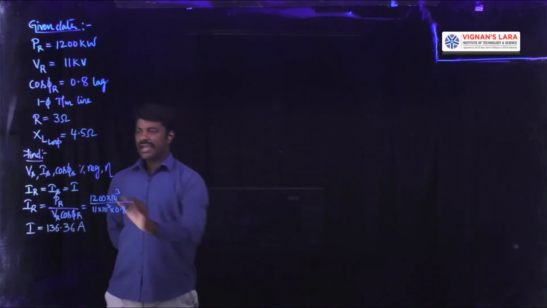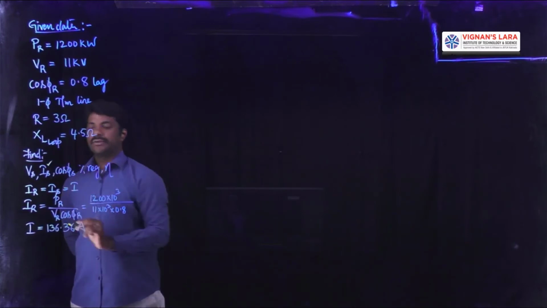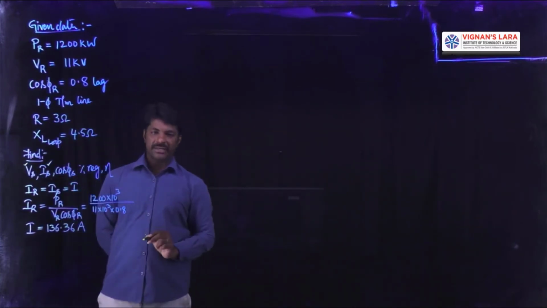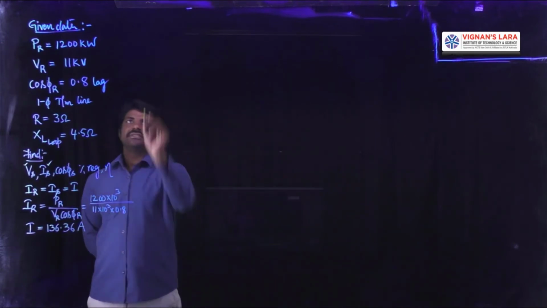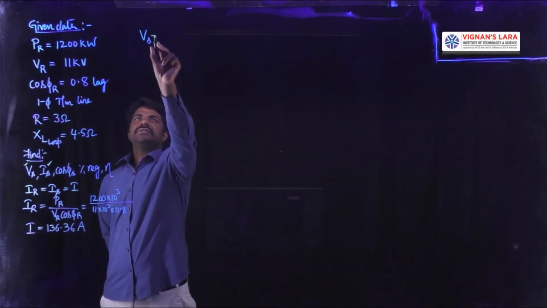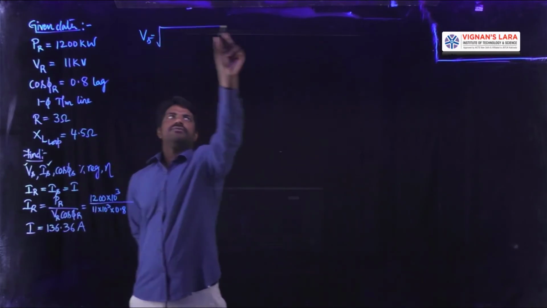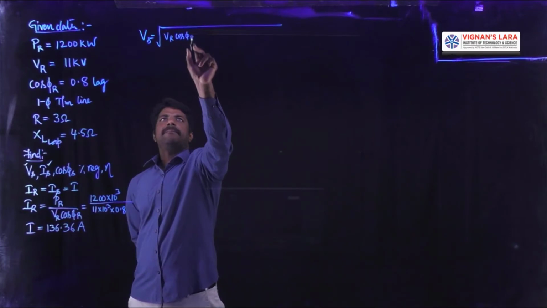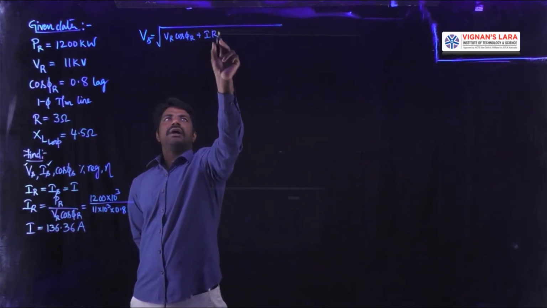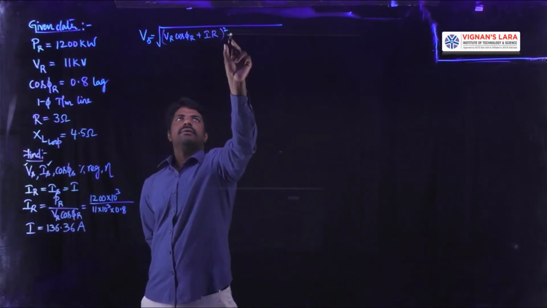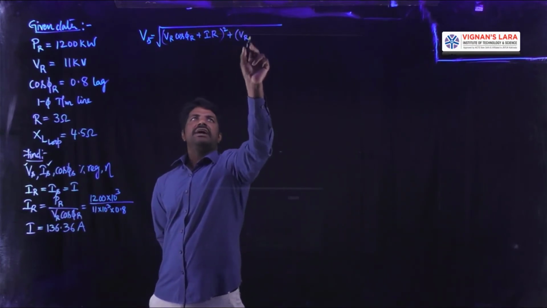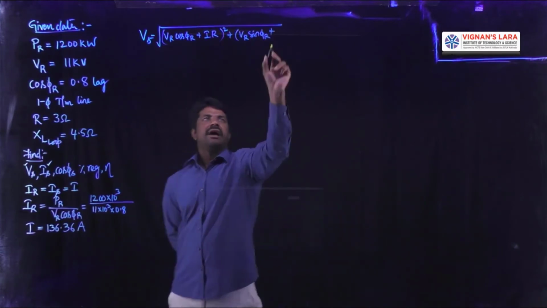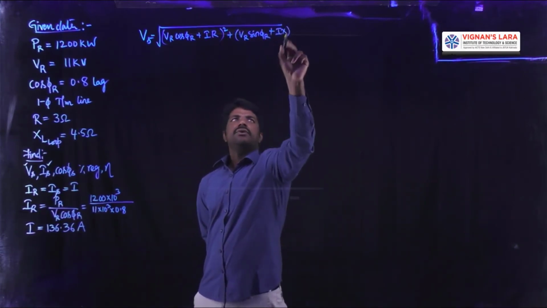Once we have the value of the current, we can calculate Vs from the phasor diagram formula. What is the Vs formula? Vs is equal to the square root of (Vr cos phi r plus I into R) whole square plus (Vr sin phi r plus I into X) whole square.